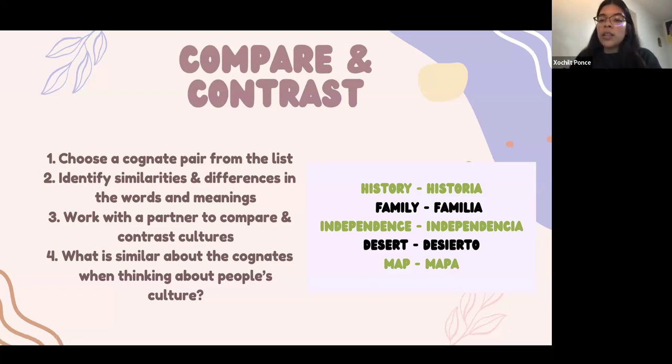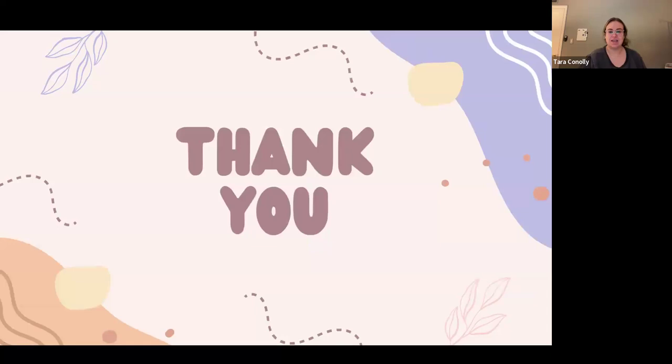That shows that we're celebrating histories from two completely different cultures, but each culture has their own history. That's an amazing example. Perfect. Thank you. And that completes our lesson. Thank you.